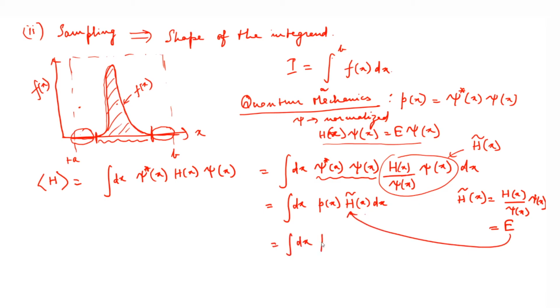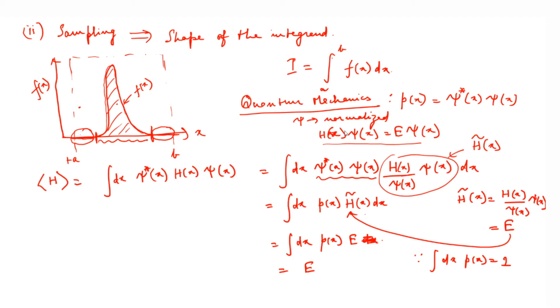My integral is reduced to integration p x E dx, which is nothing but a constant, since integration dx p x is equal to 1 because my wave functions are normalized.